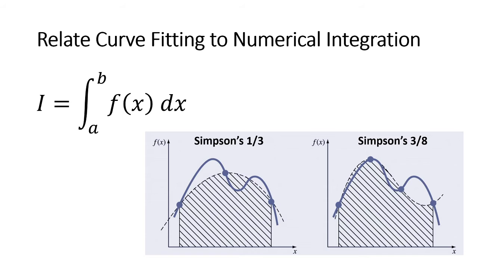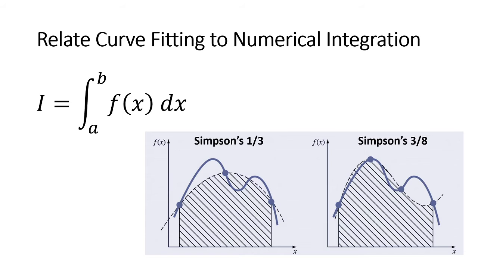Therefore, we need 4 points to identify this equation, which is the best fit line that we assume is the same as the function to be integrated. As we can see in the right hand side diagram, the dotted line, which is the cubic function, gives an even closer estimate to the function to be integrated. Okay, so this is why Simpson's 3/8 rule requires 4 points to apply 1 time.